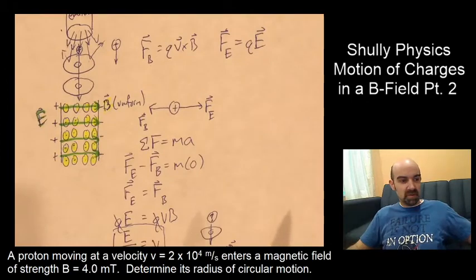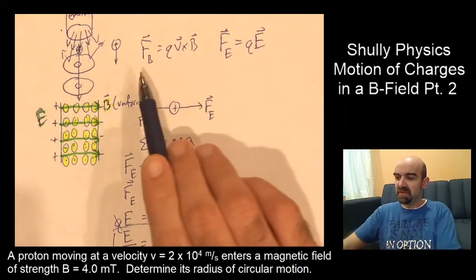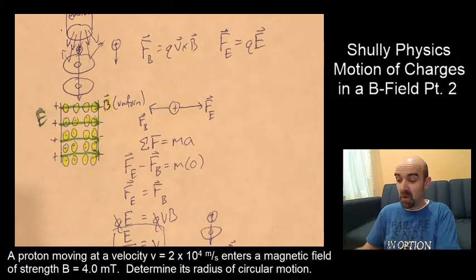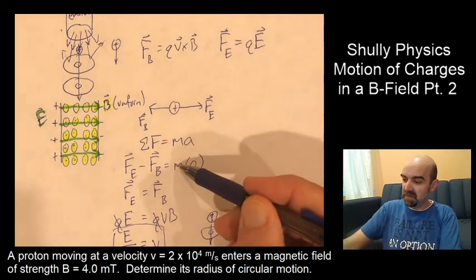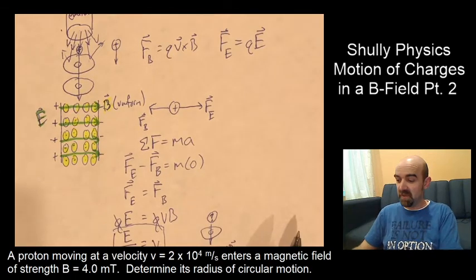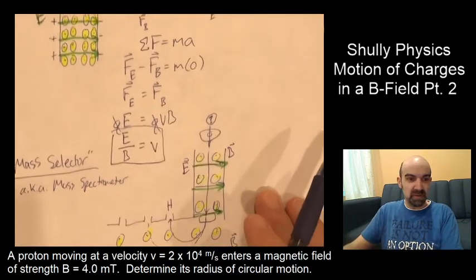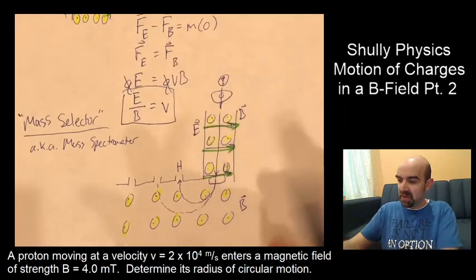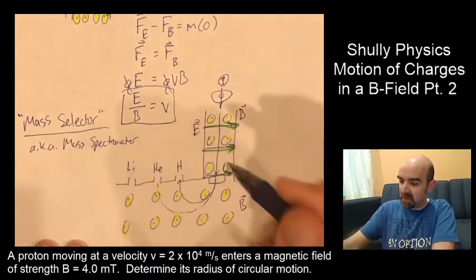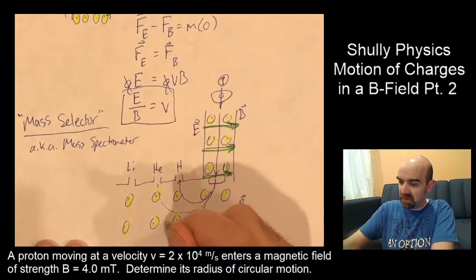All right. Does mass affect the velocity selector? No, it doesn't. See, the mass times 0 is 0. There is no effect of mass on the velocity selector. So we could have helium there, or maybe lithium coming out here. It's going to make a bigger arc.